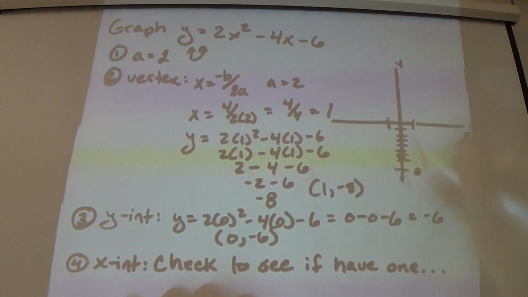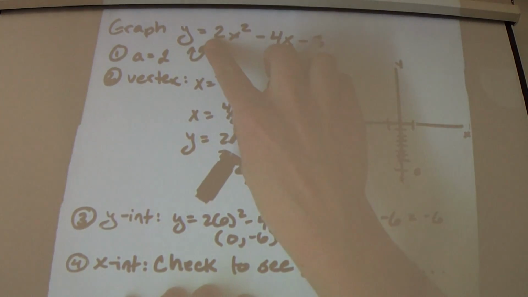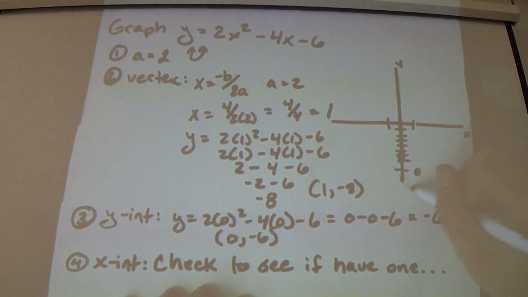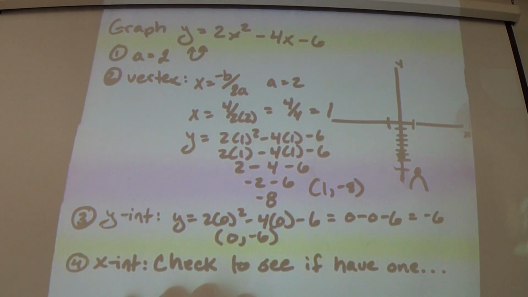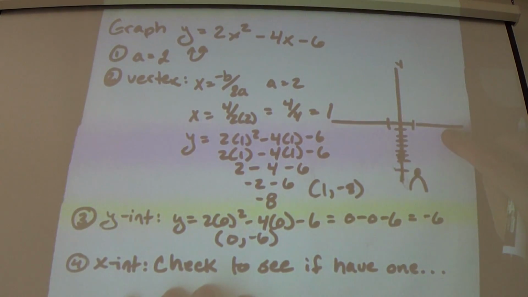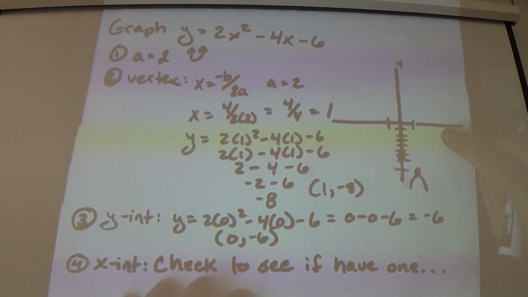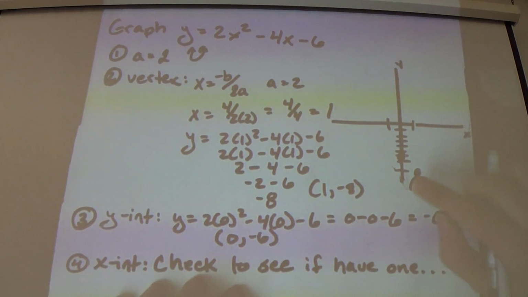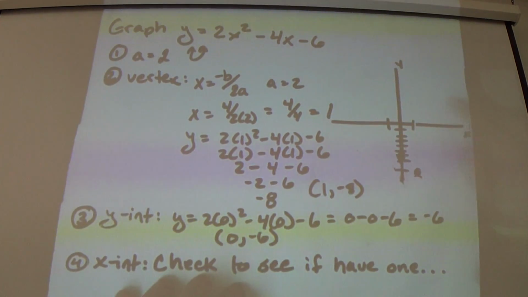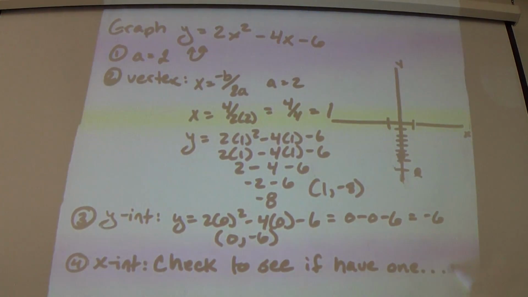Now, if this was a negative 2 in front, so that I have a frowning face, would I be striking the x-axis? No, which means I could skip this step. So save yourself a little bit of work and double check it. If you're not going to strike the x-axis, there's no reason to look for x-intercepts. They don't exist.